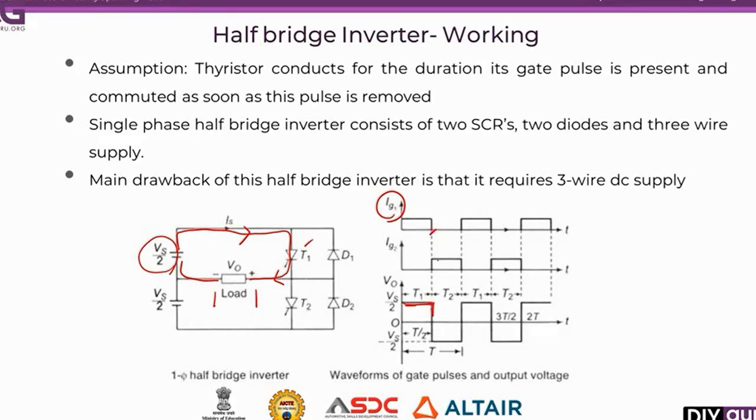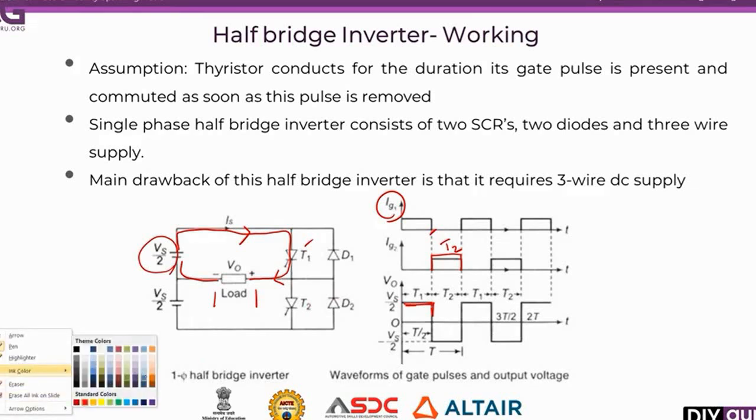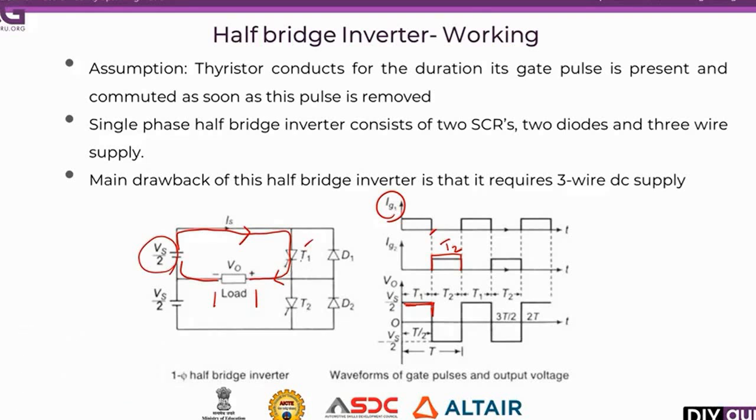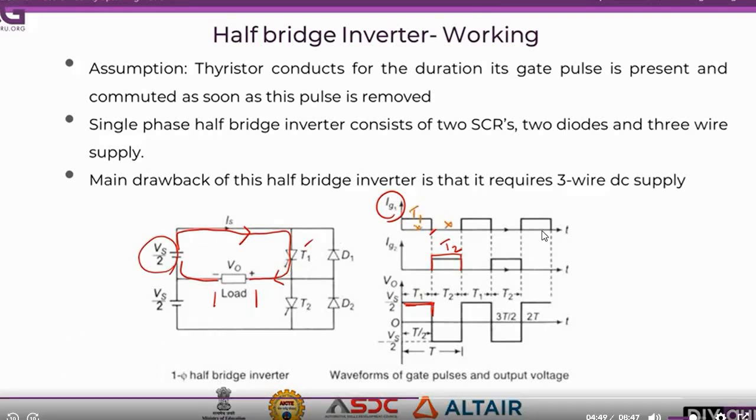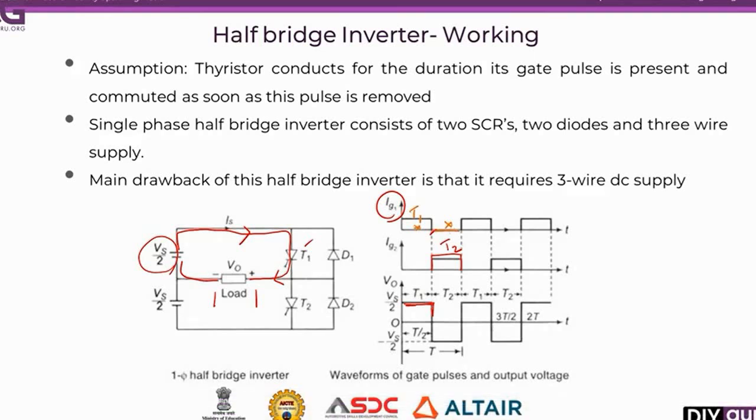At this instant, I am turning on T2. So my thyristor T2 is turned on. Simultaneously, the thyristor T1 is turned off in this position. So when T2 is conducting, power will be transferred in this direction.